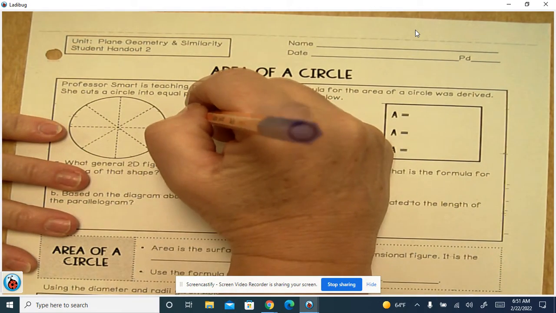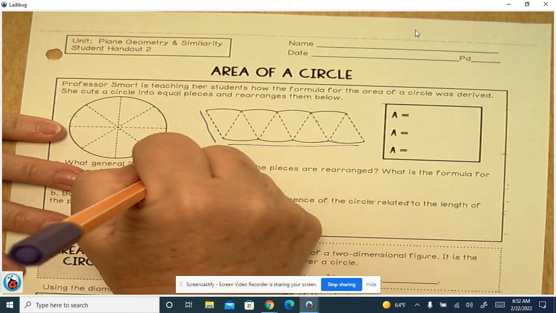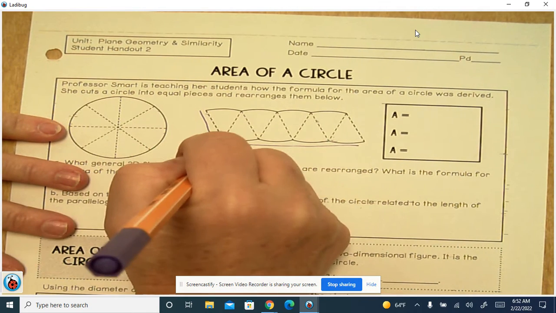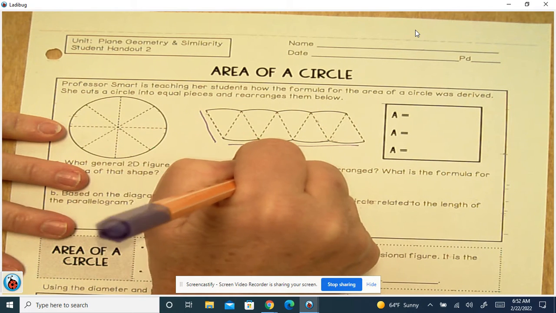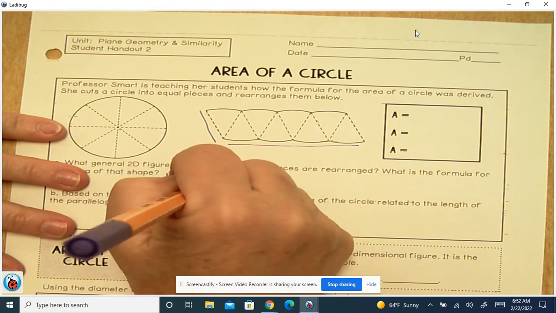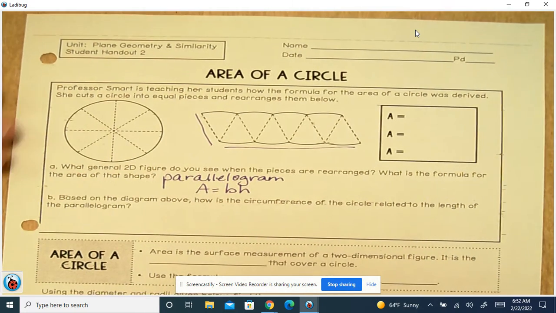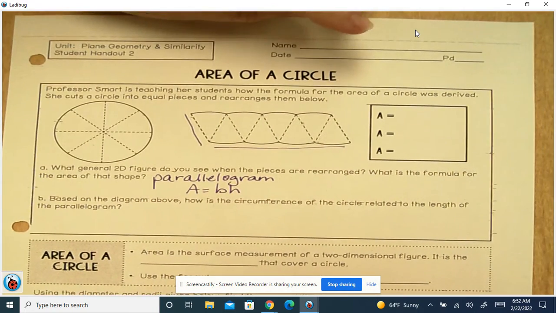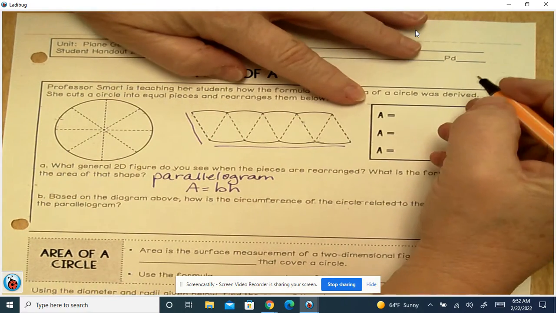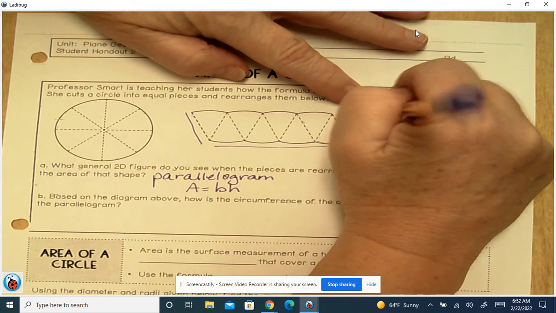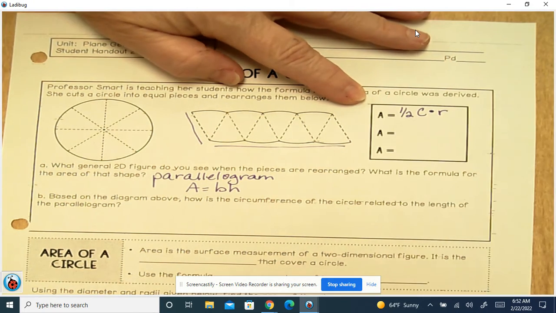If we did a slight line like that and like that, you would see a parallelogram. And the formula for the area of a parallelogram is based on height. So if we started with the area of a circle, how it was derived, it was 1/2 the circumference times r.